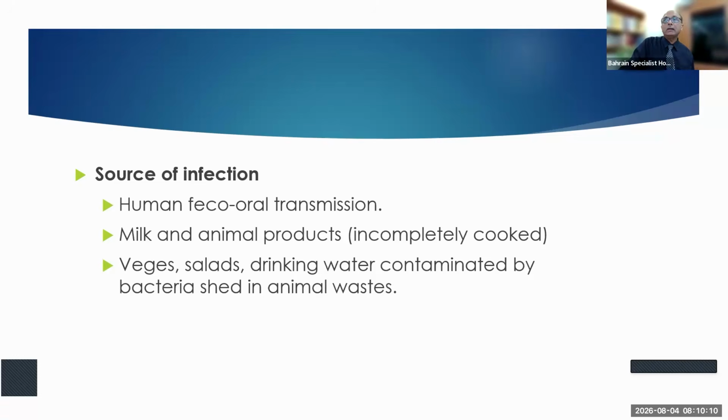Source of infection, how it spreads: mostly it is fecal-oral transmission. It happens through milk or animal products that were incompletely cooked, or vegetables, salads, or drinking water contaminated by bacteria shed in animal feces or animal waste.